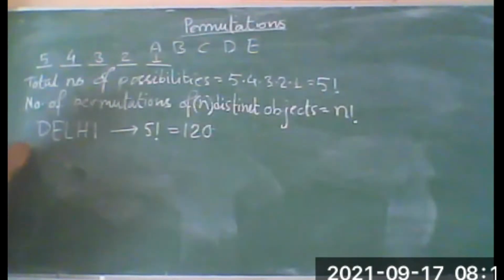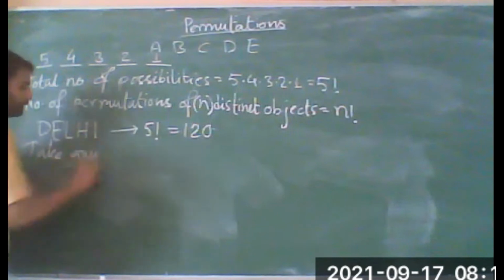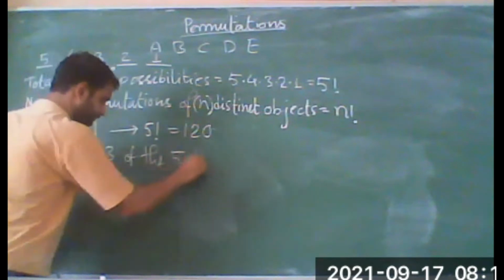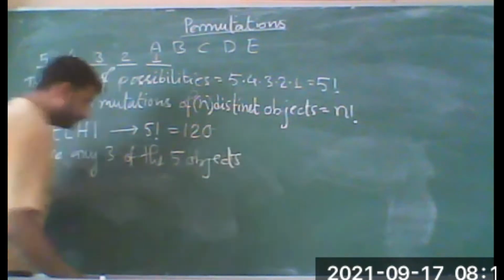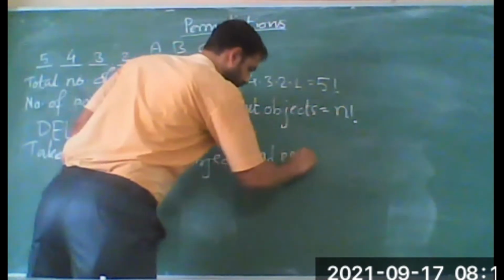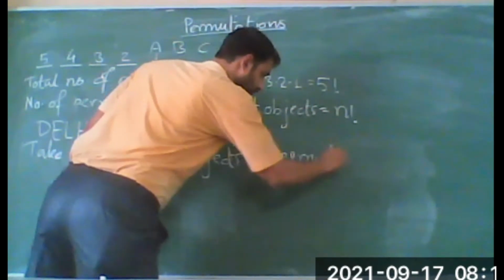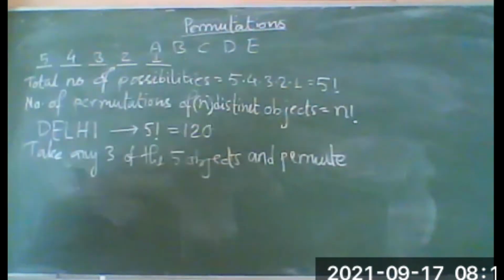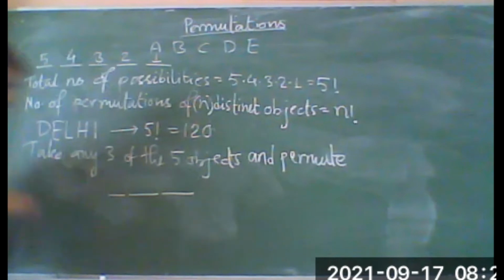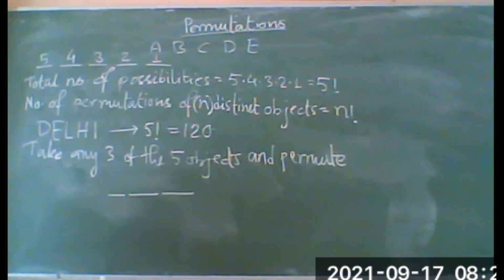That I am taking any 3 of the objects from that 5. Take any 3 of the 5 objects and permute. So how many ways will be there? Now we are taking 3 objects, means we are having 3 blocks now, where we have to put the objects, or here it is the letters.